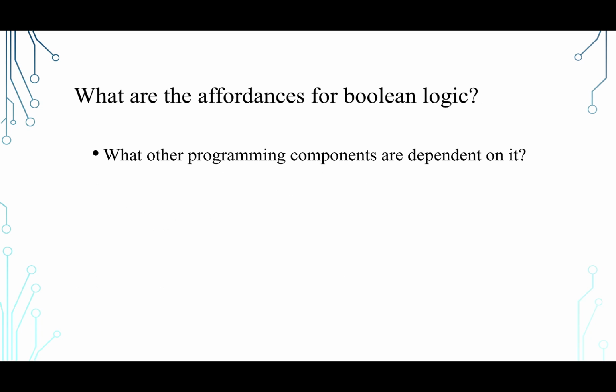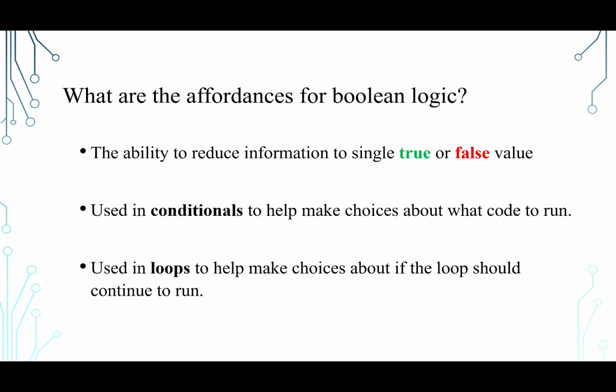So what are the affordances for Boolean logic? Now we start our lecture. The affordances are the ability to reduce information to a single true or false. So if I ask you many questions and the overall would be making a decision based on those questions, either true or false.